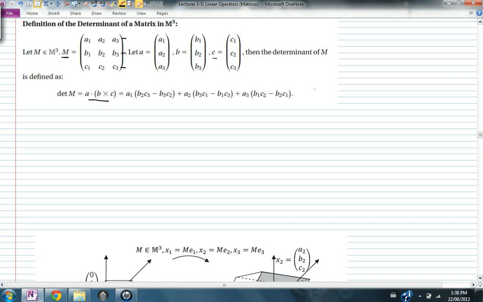And if you don't remember, the triple product was defined at the end of the cross product section.